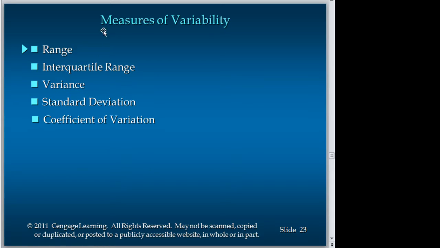Some of the variability measures that represent the spread of the data are range, interquartile range, variance, standard deviation, and coefficient of variation.